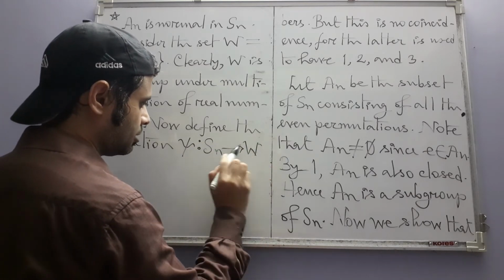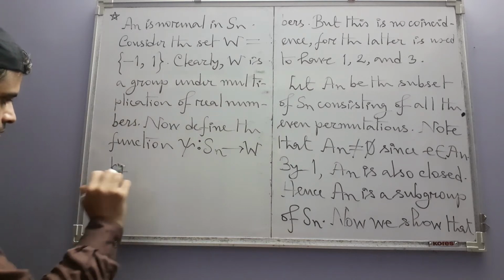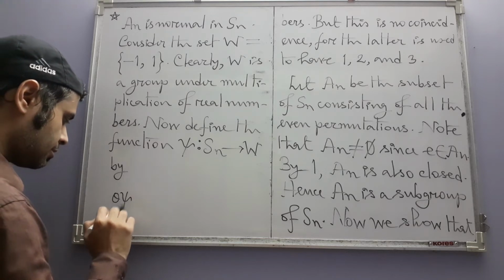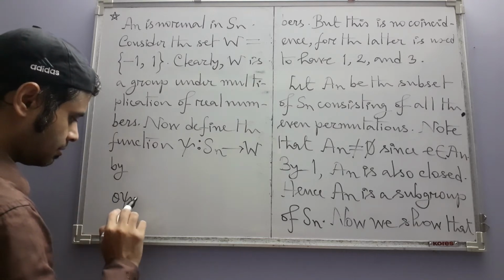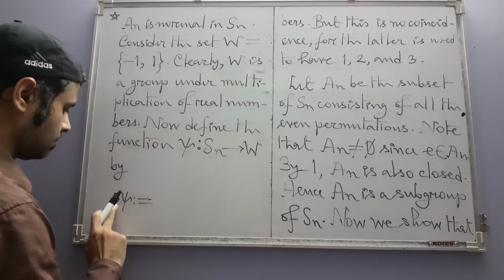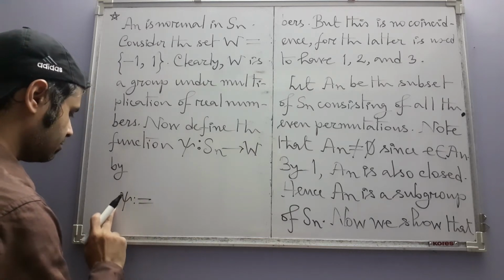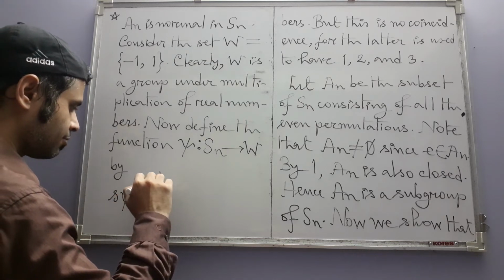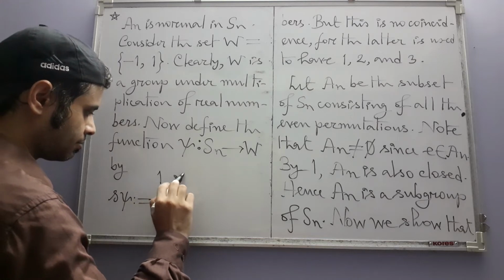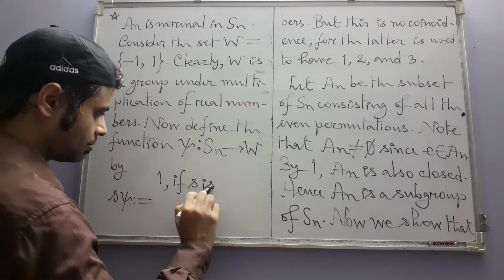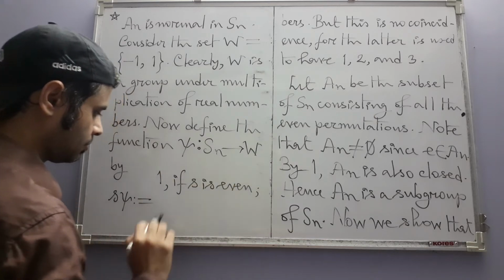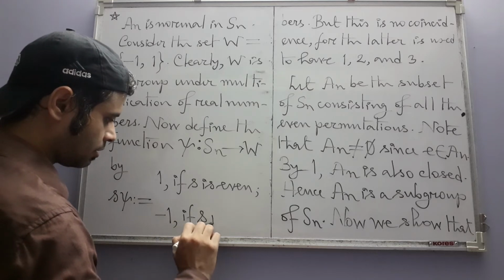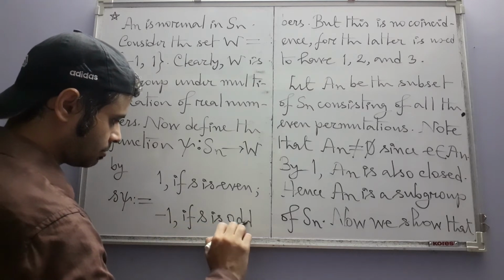From Sn into W by this rule: S psi is defined to be equal to 1 if S is even, and it is defined to be equal to -1 if S is odd.